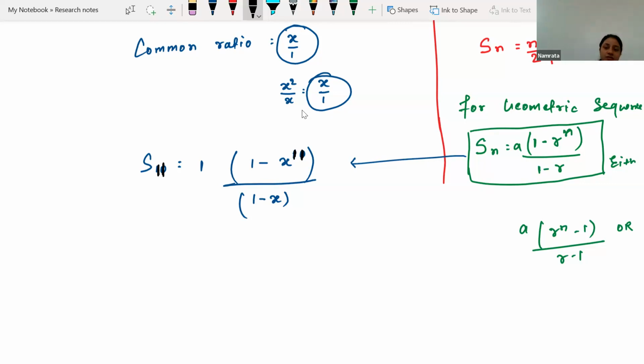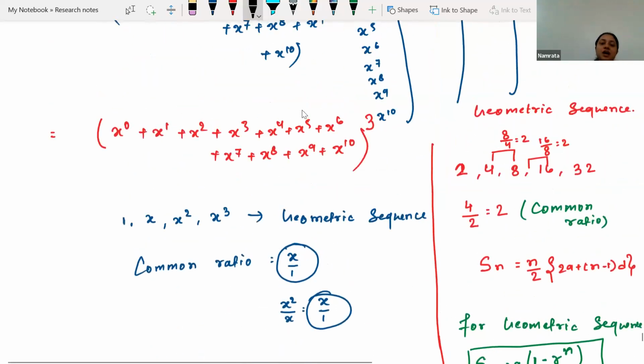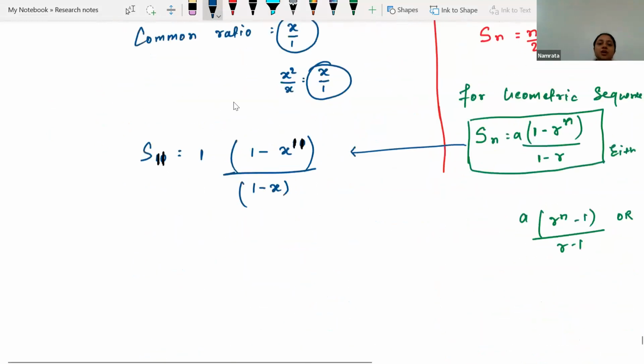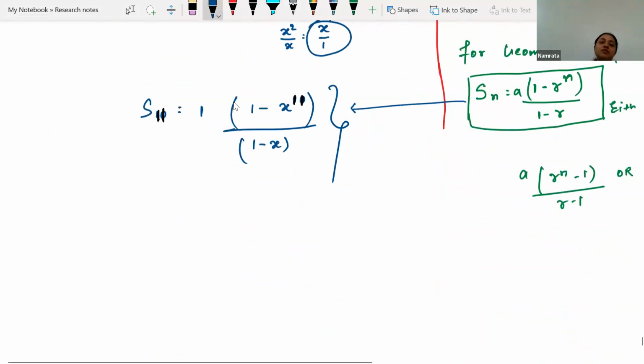Now as we can see, this one is having power 3. Whatever formula we have applied is okay for one geometric sequence, but we are having power 3 over here, 3 geometric sequences.